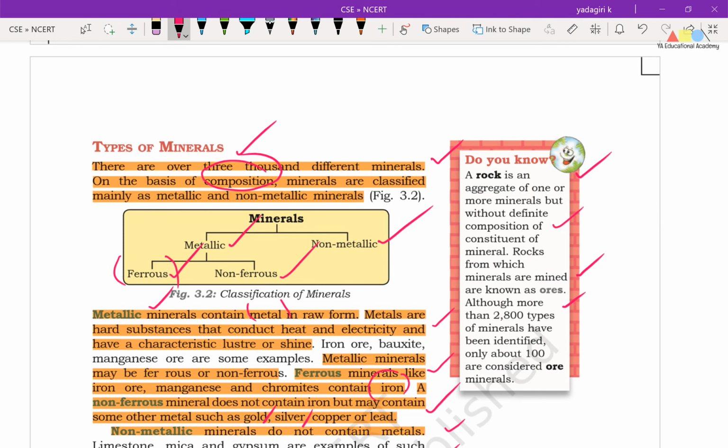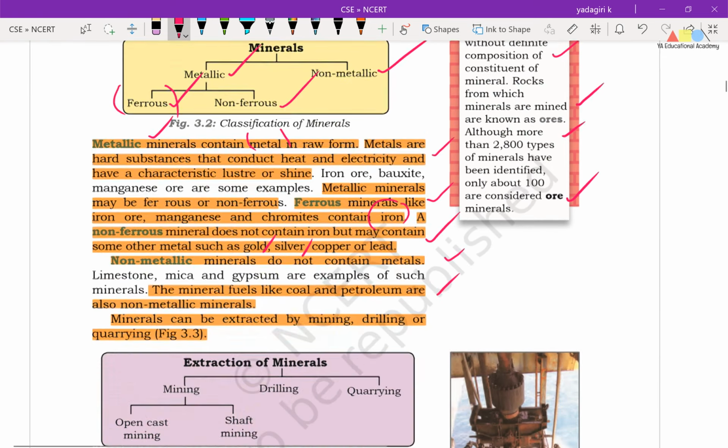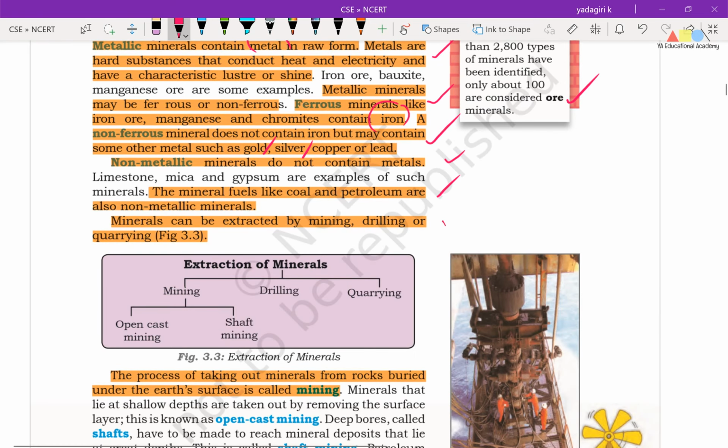Similarly, although more than 2800 types of minerals have been identified, only about 100 are considered ore minerals. Right friends, minerals can be extracted by mining. So when minerals are extracted, the process is called mining, and similarly drilling or quarrying.